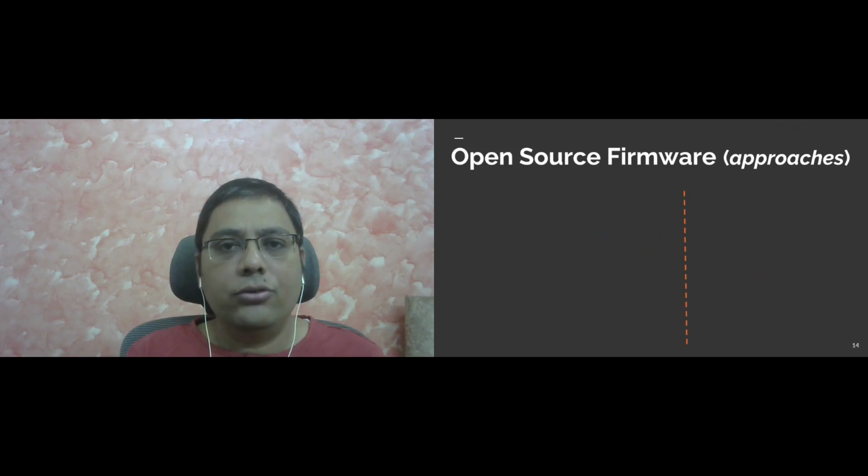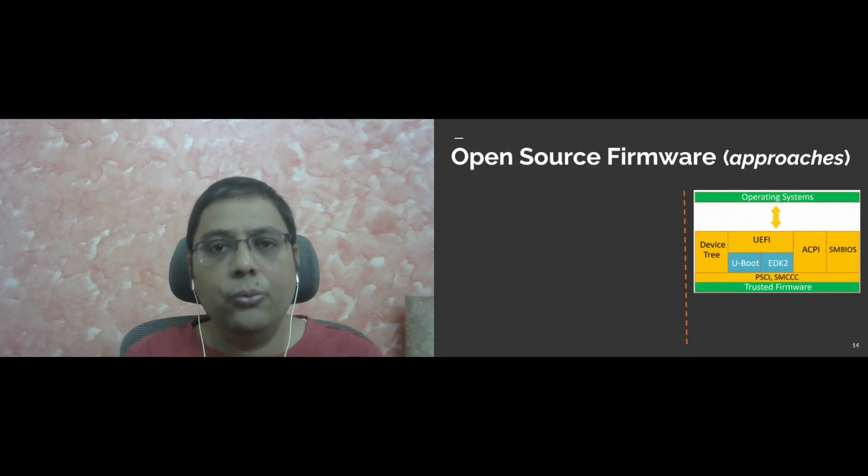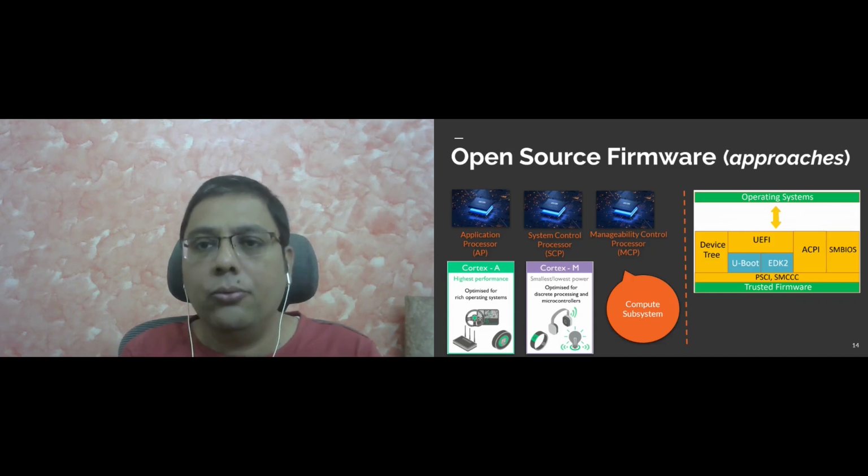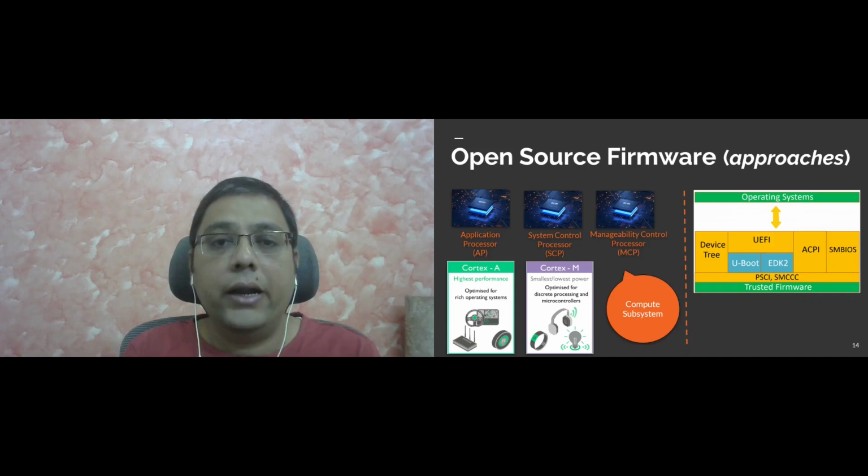So what are the approaches available? The open source firmware approaches that are available for the compute subsystem include using ARM Trusted Firmware to provide secure monitor services, and using bootloaders like Das U-Boot, which run in the non-secure world to provide EFI services, using which we can, for example, boot GRUB2 or the operating system subsequently.